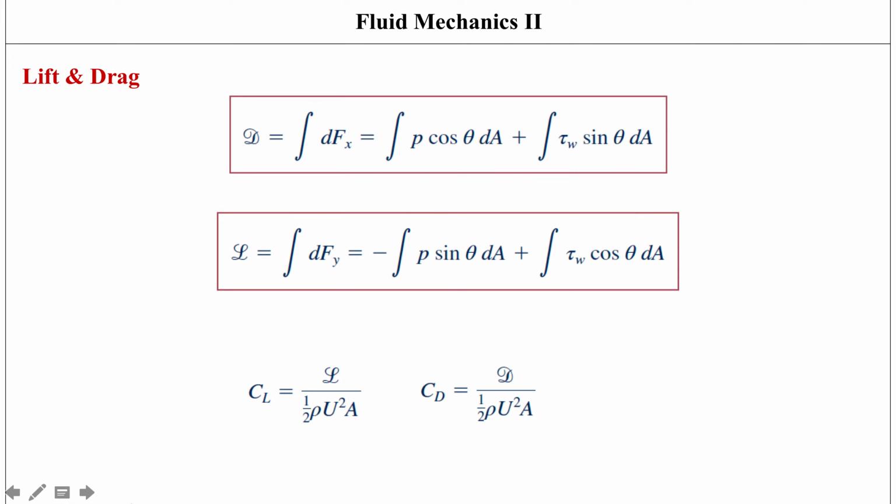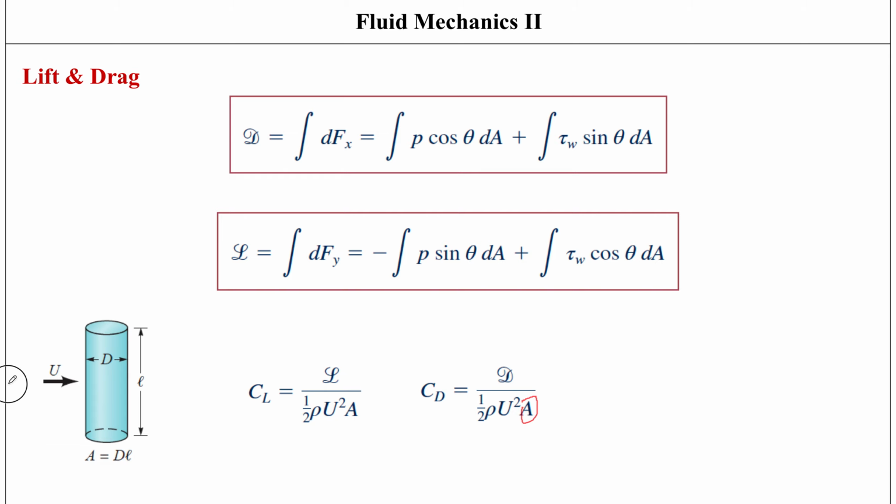And one important thing that we need to consider here is the area over here. Because the area is the characteristic area of the object, usually it's taken as the frontal area. And by frontal area, what I mean is that if we're looking at the object from the direction that is parallel to the upstream velocity.